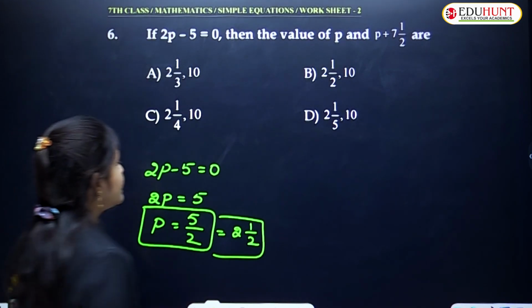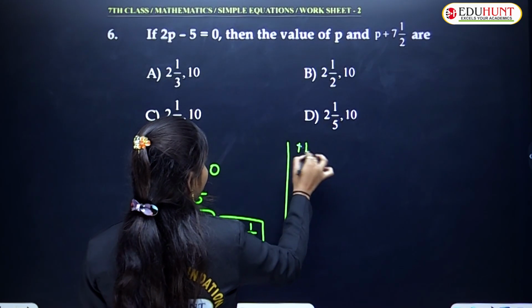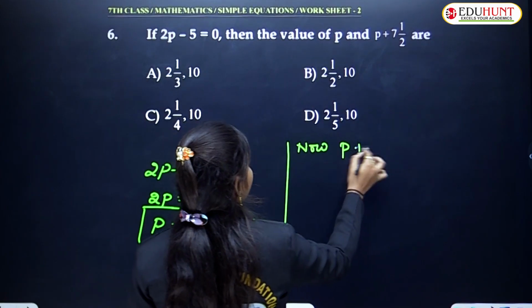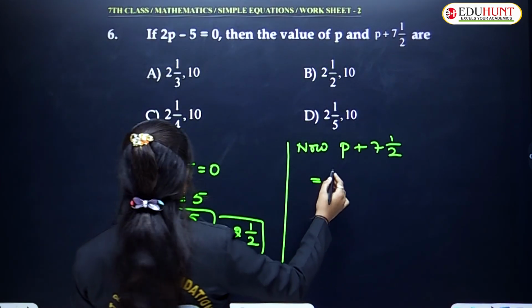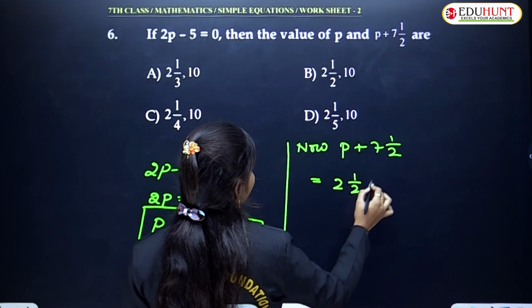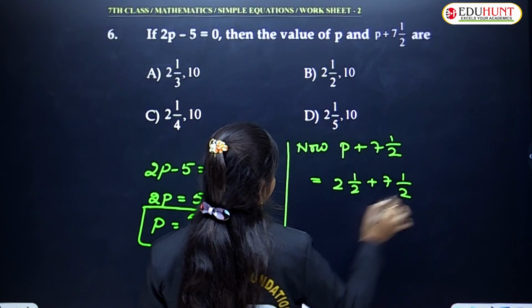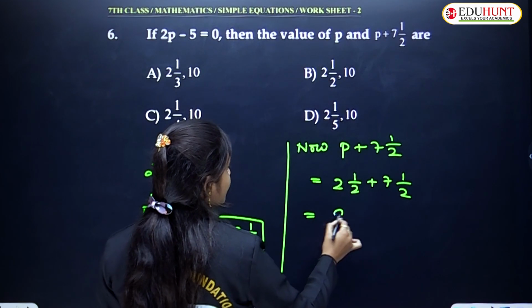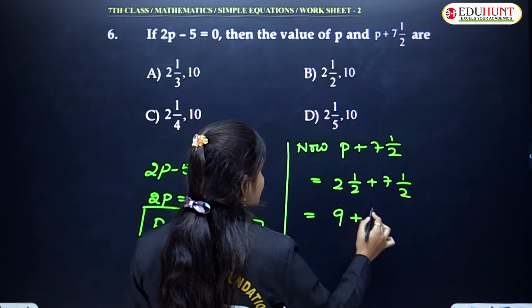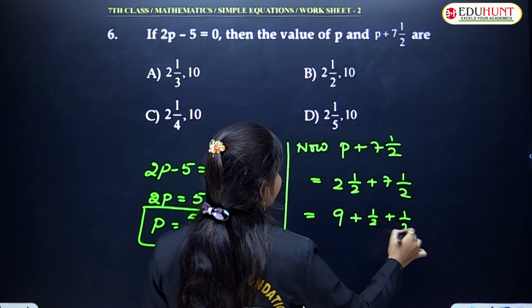Next, now p plus 7.5, which is equal to, here p is equal to 2.5 plus 7.5. So we can write this as 7 plus 2, which is equal to 9 plus half plus half. We can add like this, no?